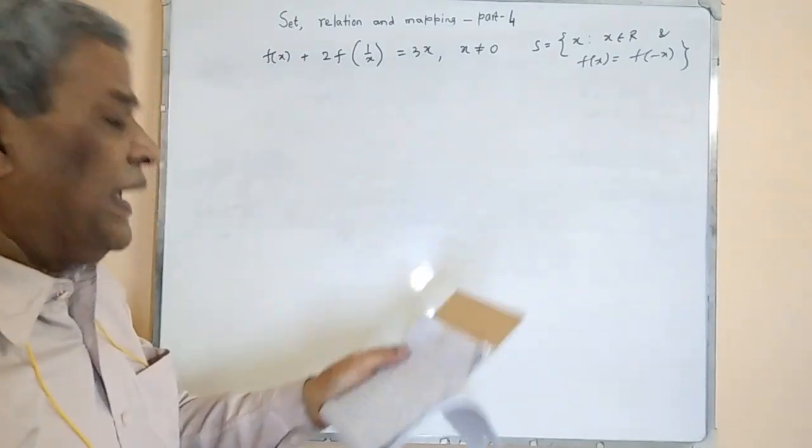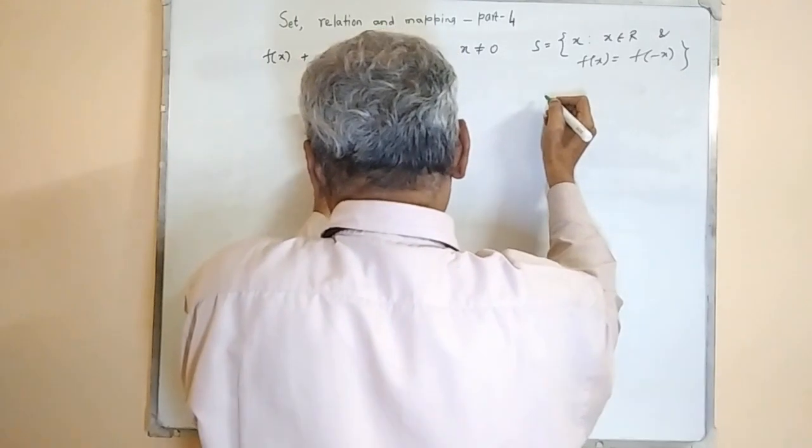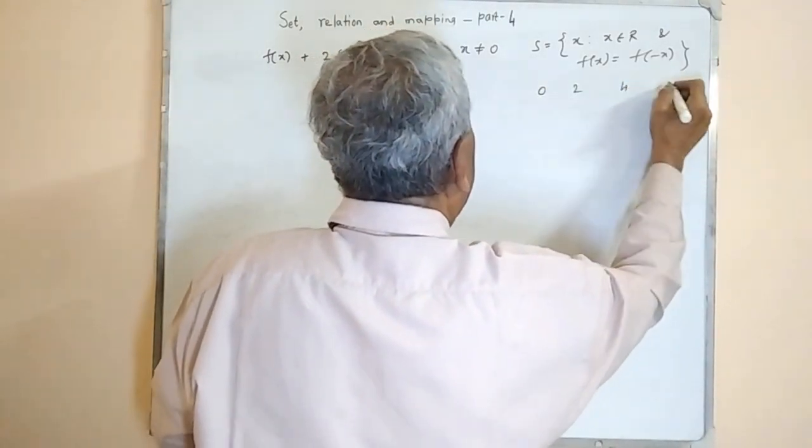Then the number of elements of S: options are 0, 2, 4 and 5.